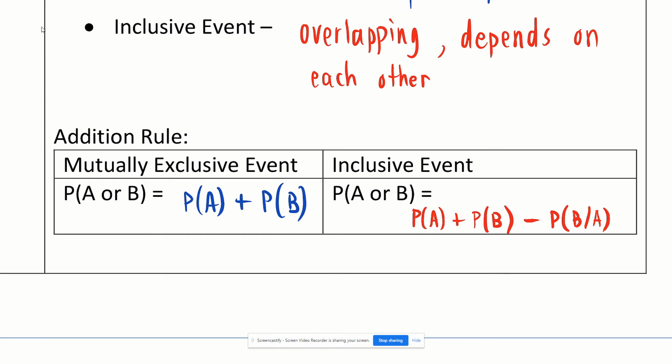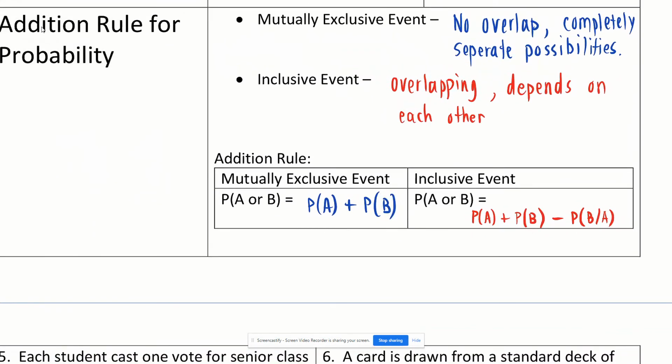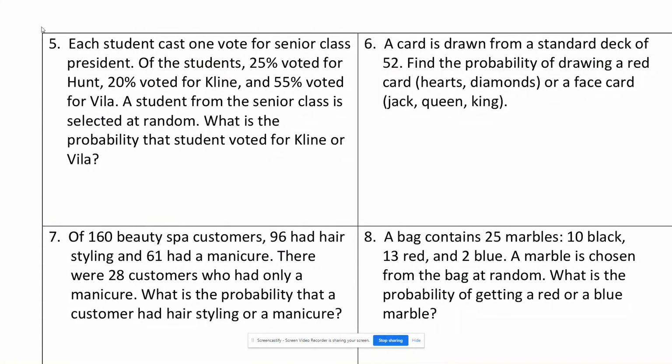Let me make sure you understand this. Let's go to the back and look at number 5. It says each student casts one vote for senior class president. Of the students, 25% voted for Hunt, 20% voted for Klein, and 55% voted for Vila. A student from the senior class is selected at random.